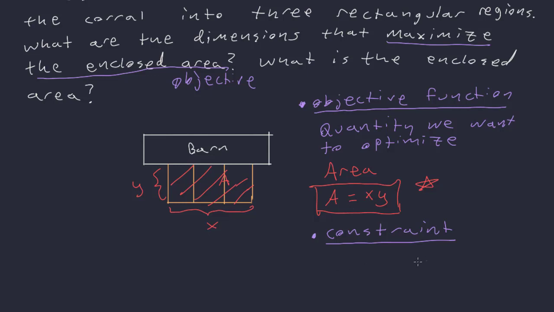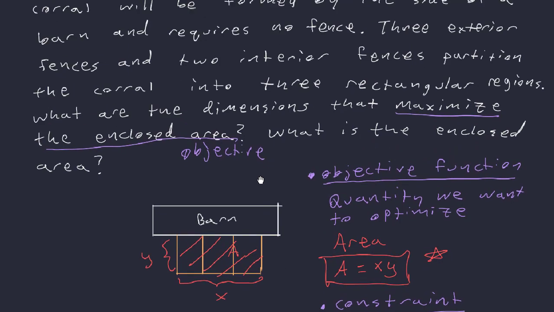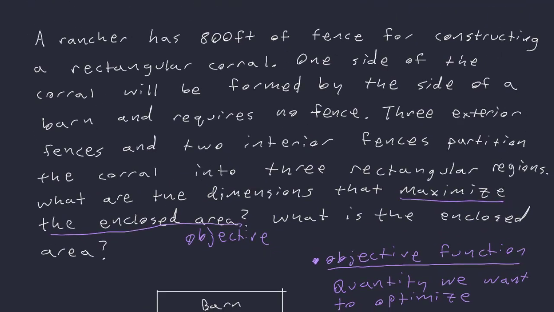It's the restriction on our materials, what stops us from just building the largest rectangle in the world, as big as the planet Earth. We can't do that because we are constrained by our materials. We only have 800 feet of fence, right? So that is our constraint.